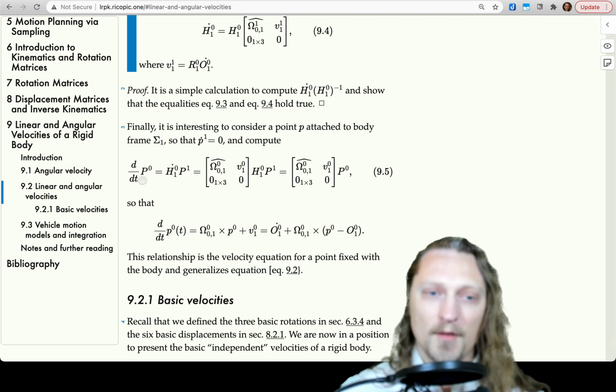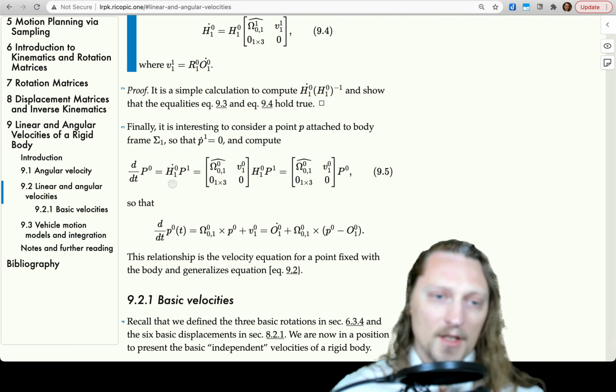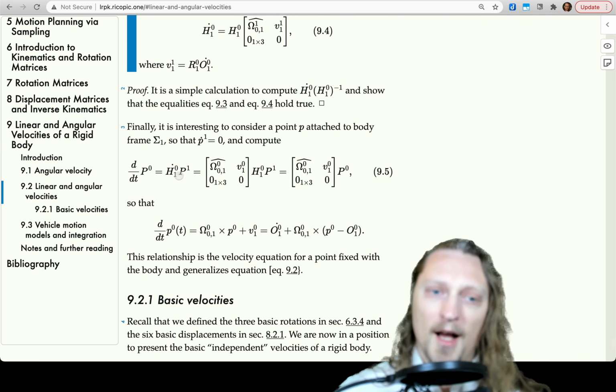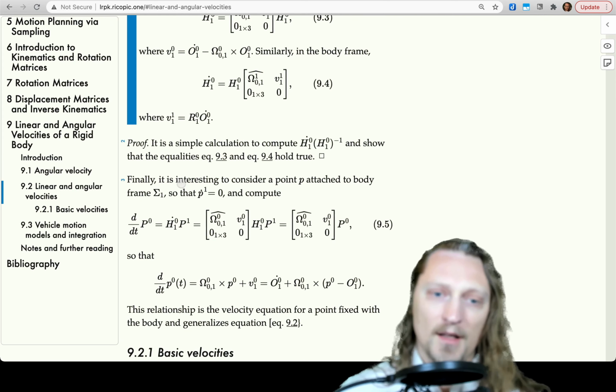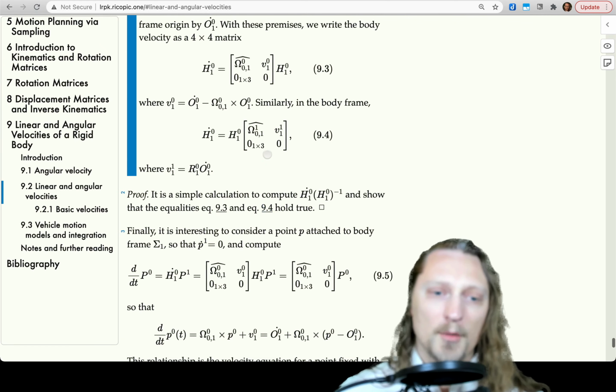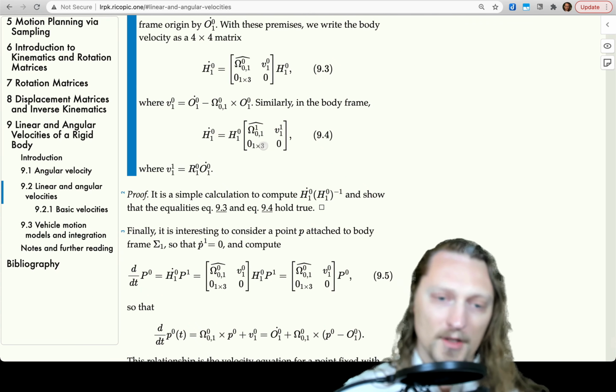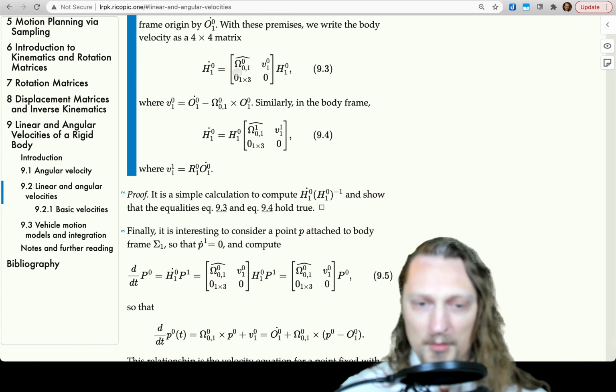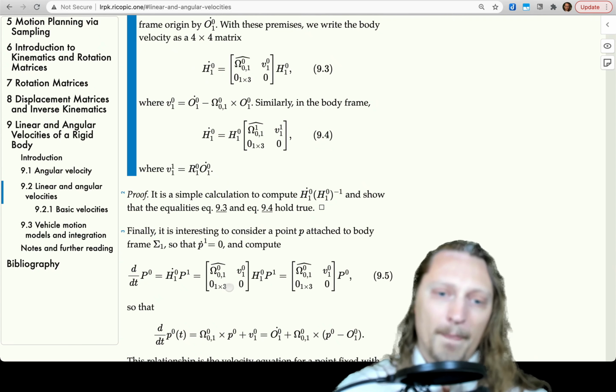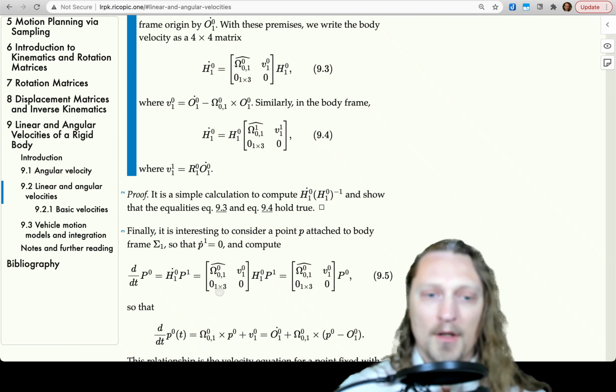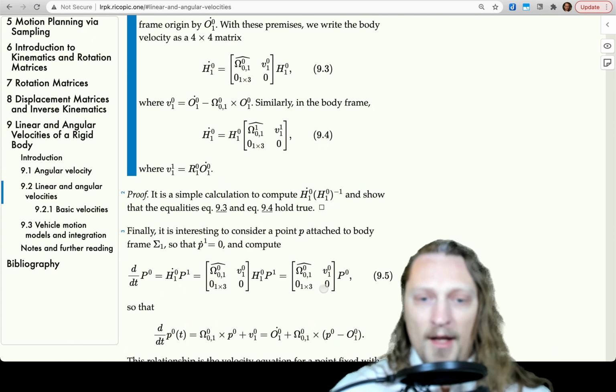The time derivative of that is equal to H10 dot P1, and we can expand upon this using the identity that we found earlier. We can either use the left multiplying matrix or the right multiplying matrix. We chose to use the left multiplying matrix in this example, and that's where H10 dot was replaced. And we're left with this relationship here.